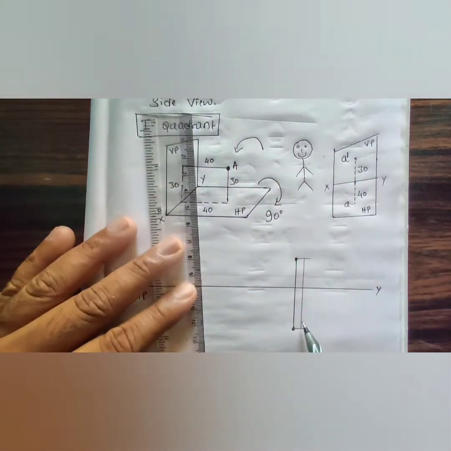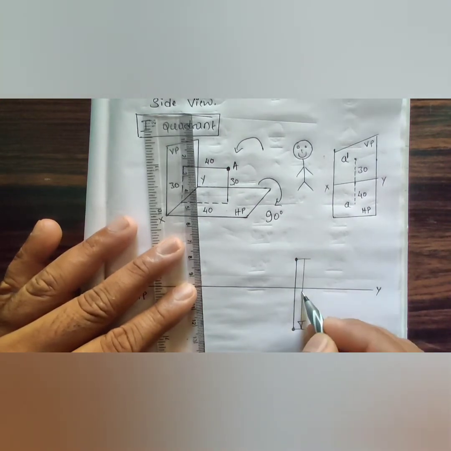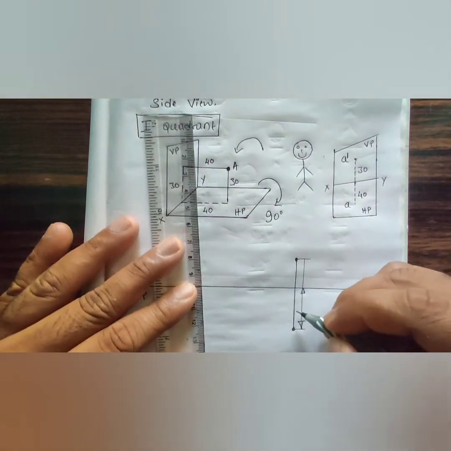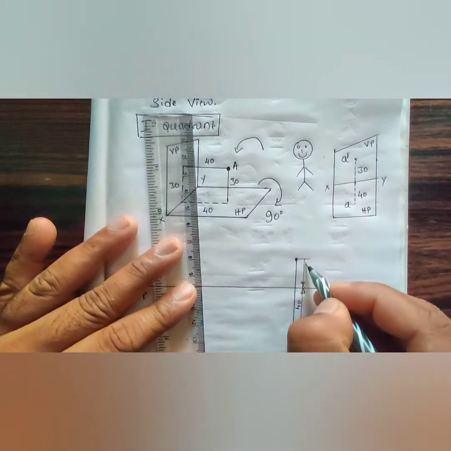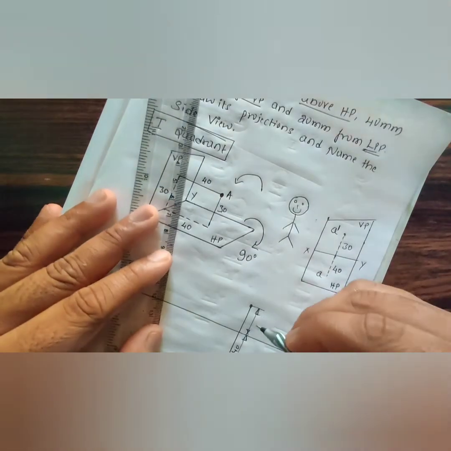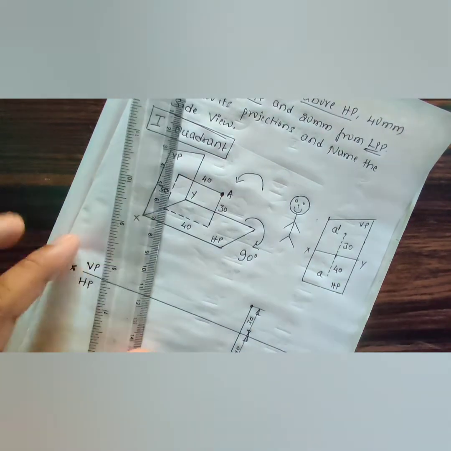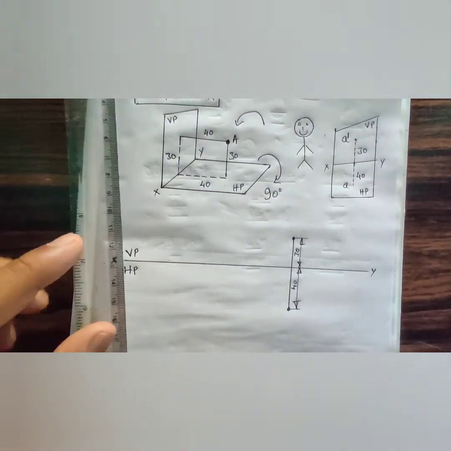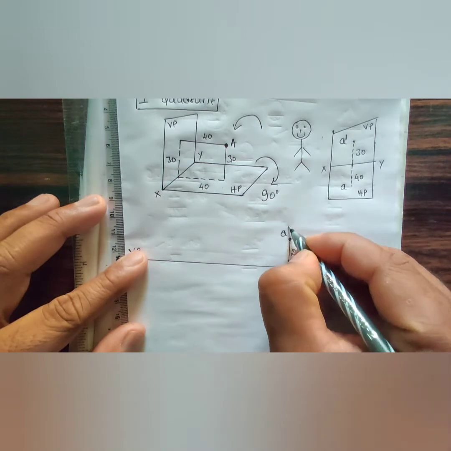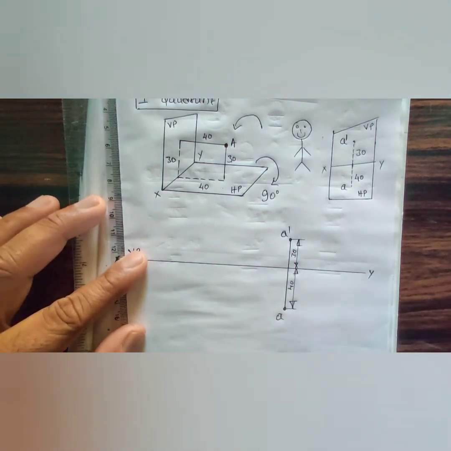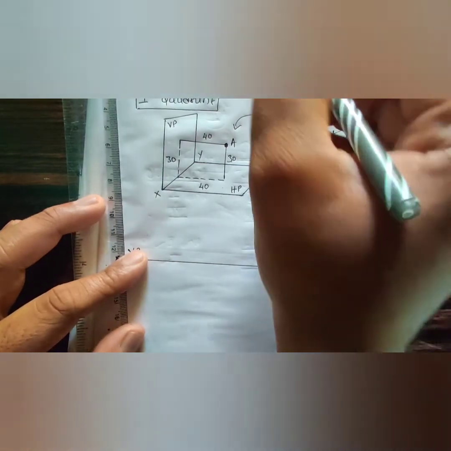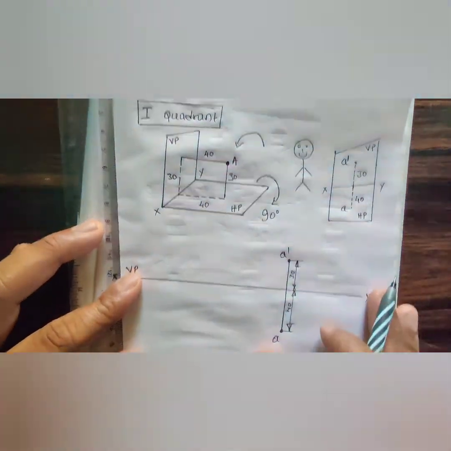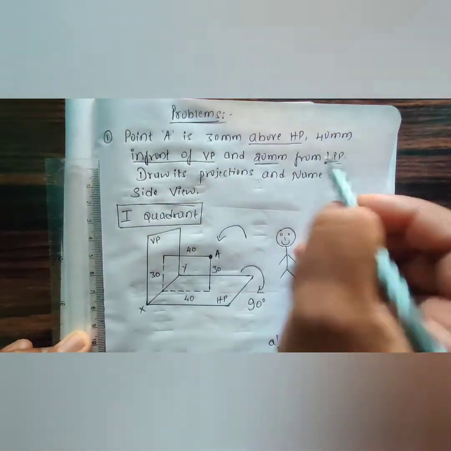Okay, now I'll give the measurement for this. So this is 40 and the above one is 30, right? So give the dimension, and this is my A dash and this will be my A, correct? So now he is talking about LPP, which is 20 mm from LPP.